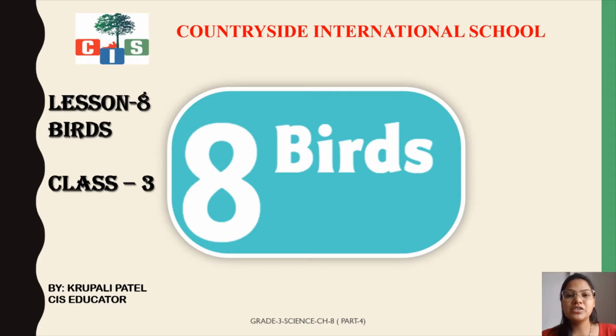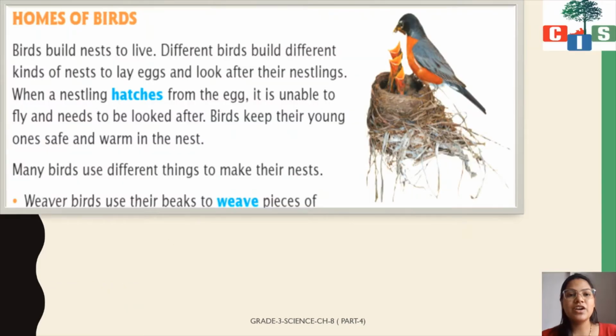So now let us move further in this chapter. Now we are going to learn about homes of birds. We all know that birds make nests, but different birds build different types of nests. So now let us study about that.